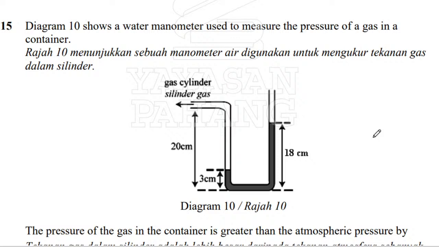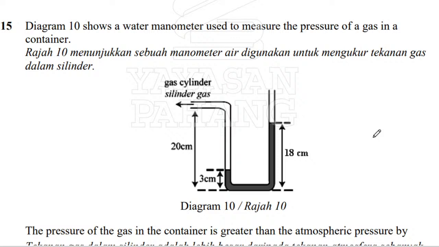Any other instrument that can be used to measure pressure of gas? Bourdon gauge, right? Bourdon gauge can also. So if the question asks you to name the instrument that can be used to measure pressure of the gas, the answer would be two: either manometer or Bourdon gauge.